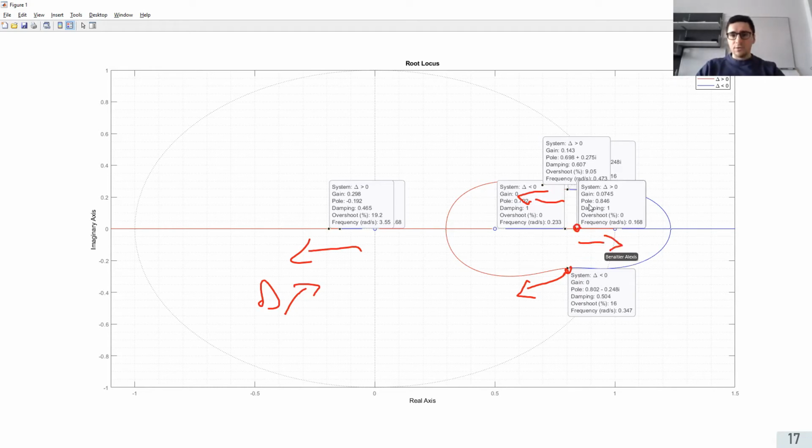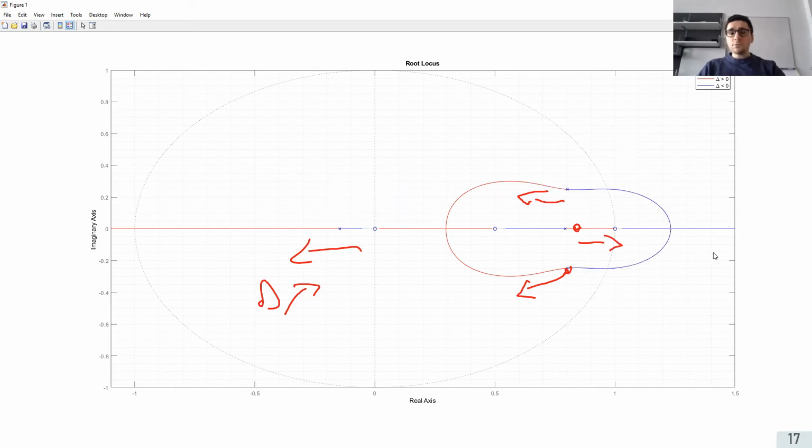So now if I remove all the data tips, what this root locus showed us is that currently my poles, or the system poles, closed loop poles, are here. And if delta is increased, then I see that this one will go to the left, which means that it will be more and more important to consider, because at one point I can have ringing and then even turn unstable.